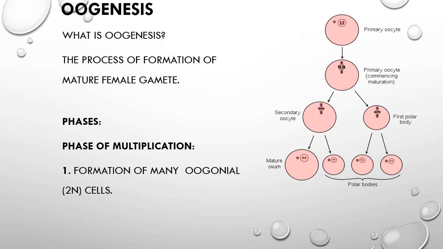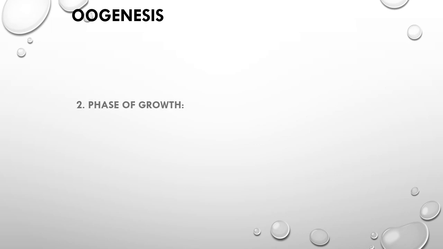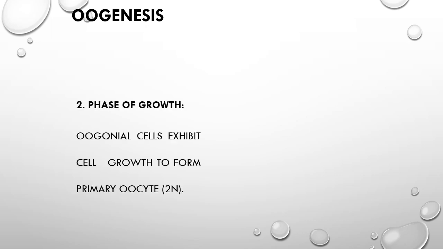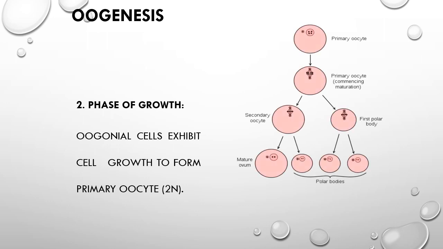Now the second phase is called the phase of growth. Let us know what happens here. In this phase of growth, the oogonia cells or egg mother cells increase in their size. How do they increase in size?